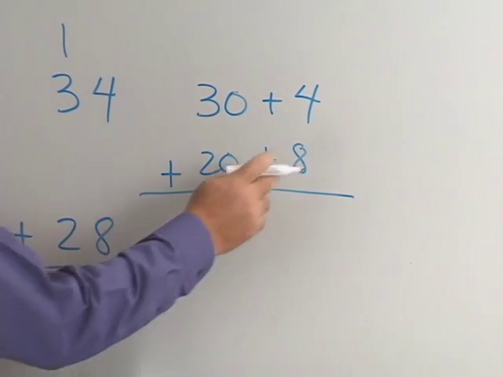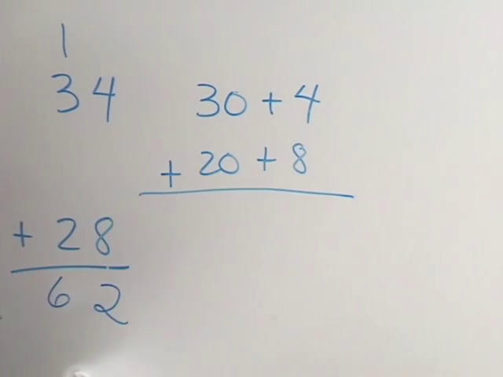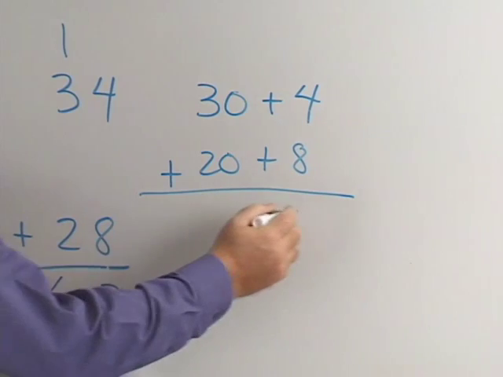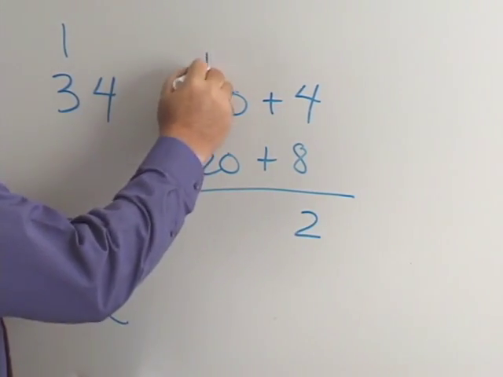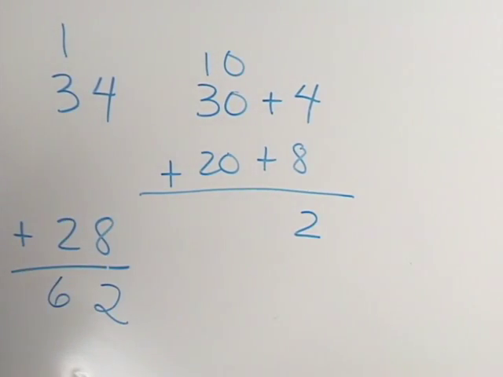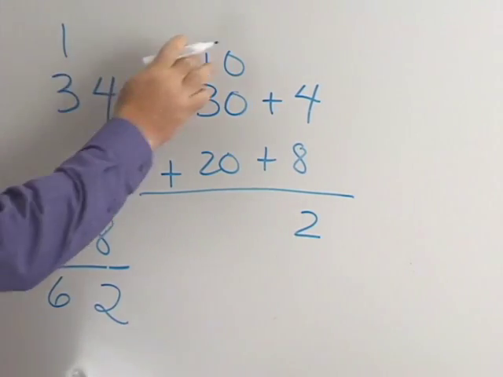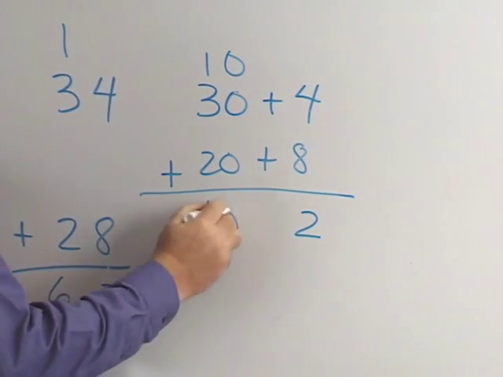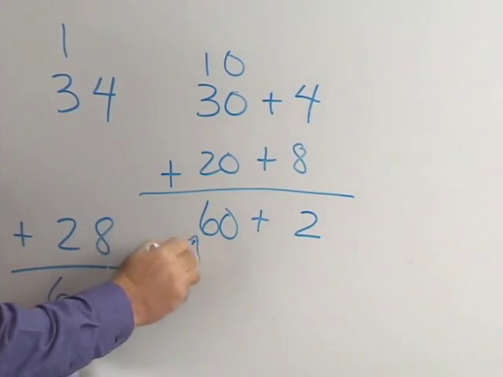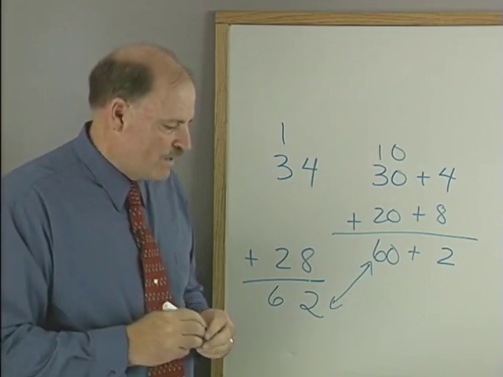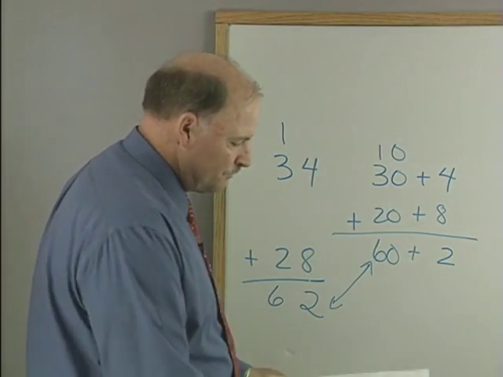Okay. So we added 8 plus 4, and that became what? 12. So we put a 2 here, and we took the 10 over here. And then 10 plus 30 plus 20 is 60. And is that the same as we have here? Yep. Okay, let's do one more example.